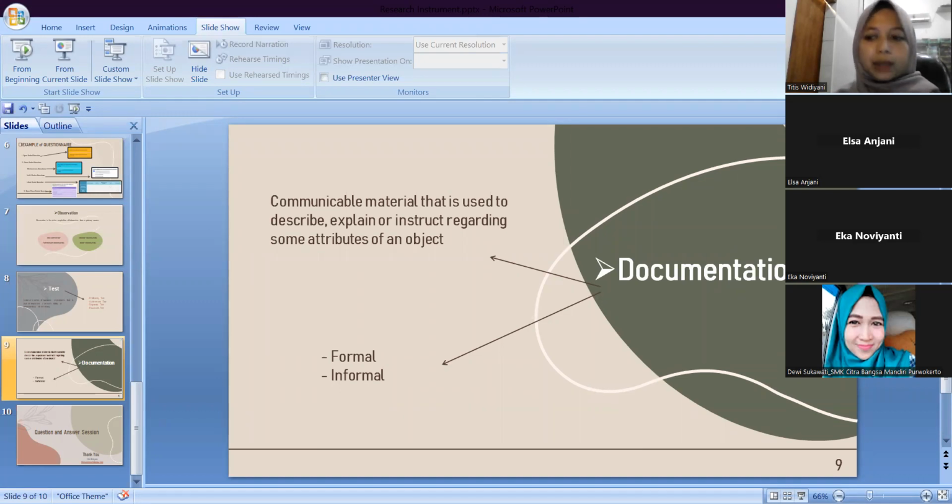The first is formal: you can get documentation from the institution, like reports, files, etc. And informal is when you get documentation by yourself, like taking pictures or from your daily book, etc.